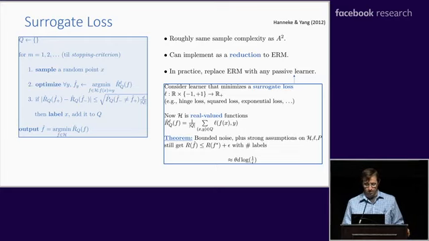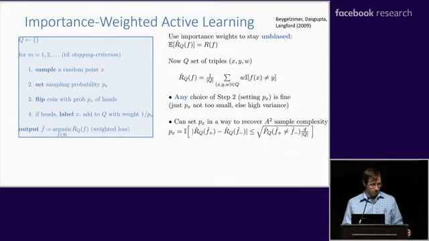Okay. And then I'll just conclude with one other variant of this that is definitely worth mentioning. We've been talking about strategies that have a set, and they'll query if the point is in the set. But you can also talk about strategies that set a probability of querying. And this gets into this importance-weighted active learning idea.